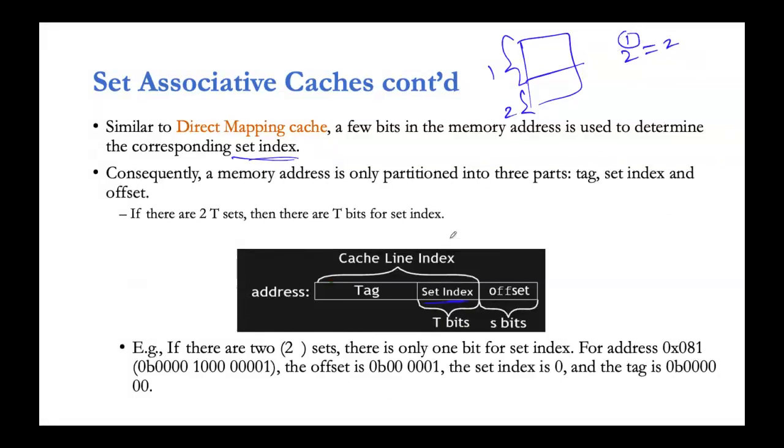So only 1 bit is enough to represent these sets. So after the s bits, the lowest 1 bit will be taken for set indexing. The remaining bits will be taken as your tag. So if there are two sets, then there is only 1 bit for the set index. For this address, suppose 129, the binary form is this. The last 6 bits are used for your s bits, this bit is used for your set index, and the remaining are used for your tag.